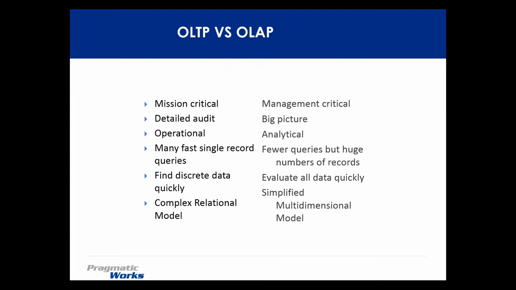All right, so one of the things also about OLAP versus OLTP is the multidimensional model is a lot more simplified compared to the relational model you will generally find in an OLTP system. You're not going to want your users to have to dig through and figure out how to create joins and do queries on your OLTP system.